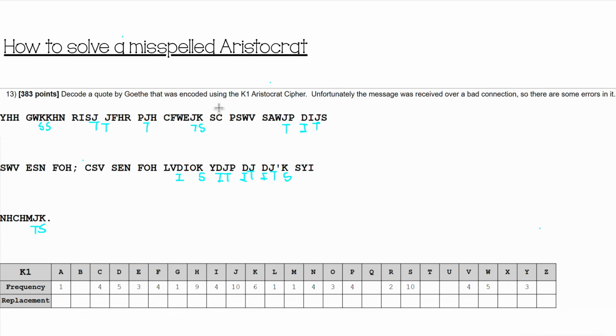Okay, so I went ahead and filled in all of the letters we knew. Now I can try to find another word with what we already know. Over here, I think this could be with. I'm not sure if this is misspelled or actually with, but we can try it out. If we have with, we have W and then two same letters, which wouldn't really make sense.